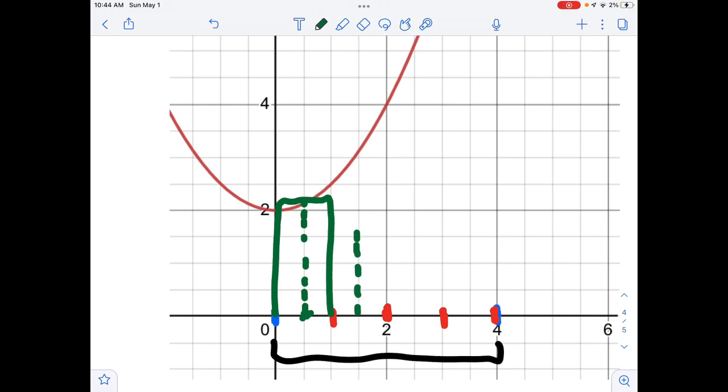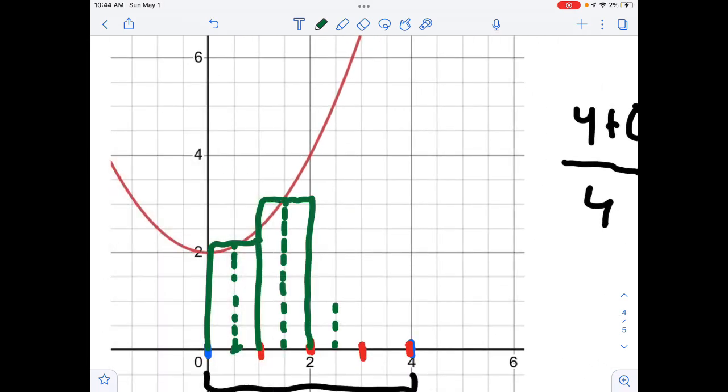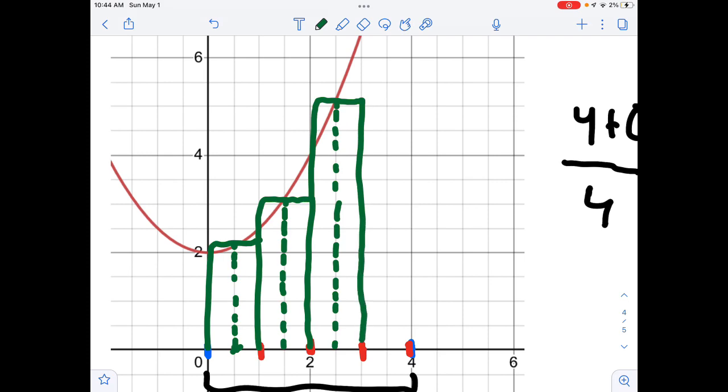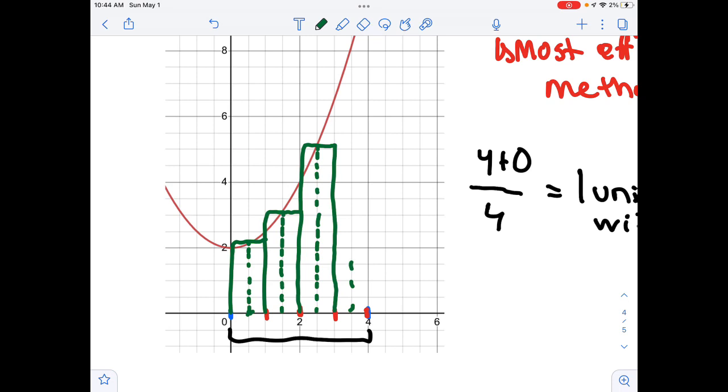This one, we're going to go up from the midpoint to where it intersects the graph and draw a rectangle. Same with the one from 2 to 3. Up, draw a rectangle. Same with the one from 3 to 4. So it's going to be high.